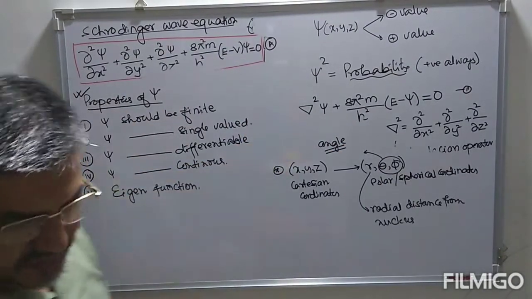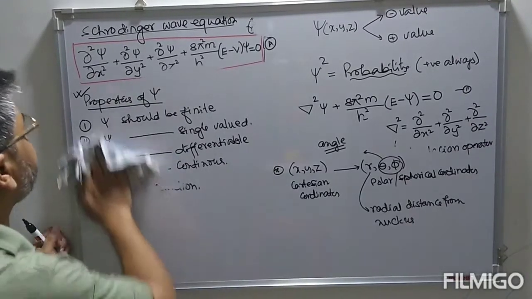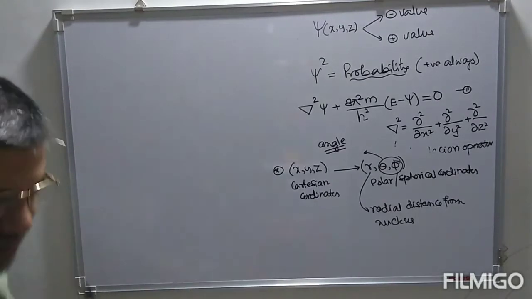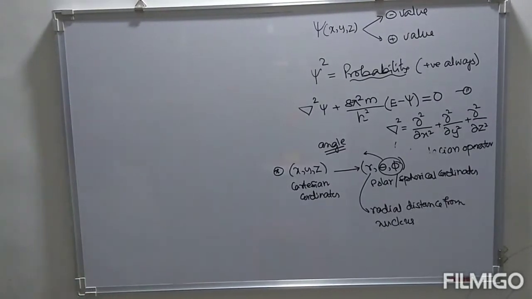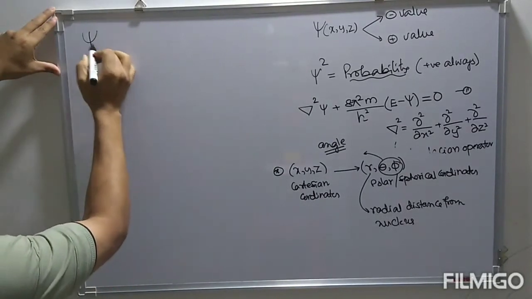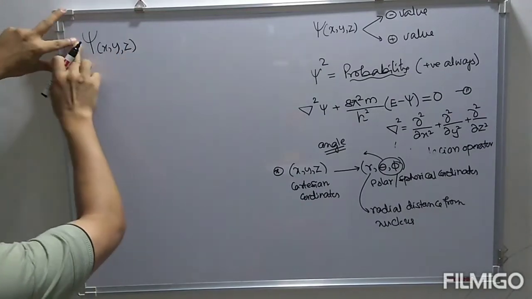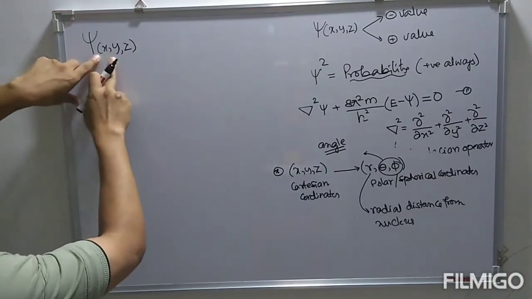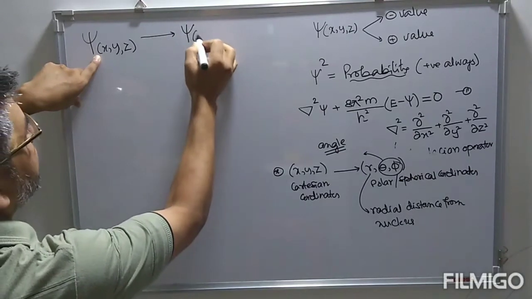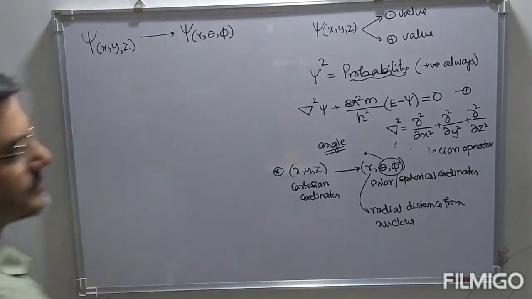So that means the initial wave function psi, which has dependence on x, y, and z, the Cartesian coordinates, is now converted into polar coordinates. The wave function psi(x, y, z) is transformed into psi(r, theta, phi).